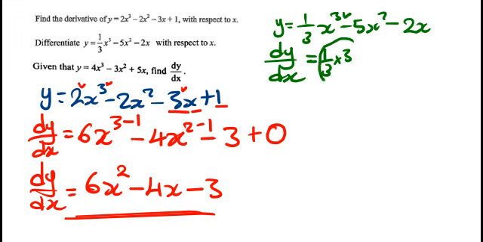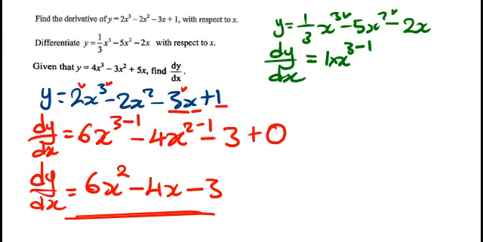This is going to give us a 1. So what you do, you just say 1 over 3 multiplied by 3 is just a 1, multiplied by x to the power 3, which must be reduced by 1.